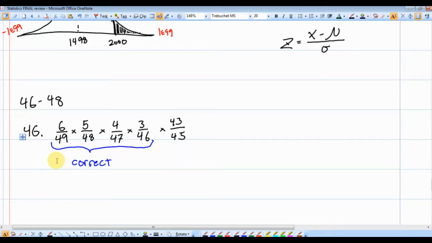Then it goes down, you have 48. Now that we've got all 4 correct, the remaining 2 have to be incorrect. Would the next one be out of 44? Yes, it would. Why is it 43? Of the 49 you started with, 43 are incorrect.